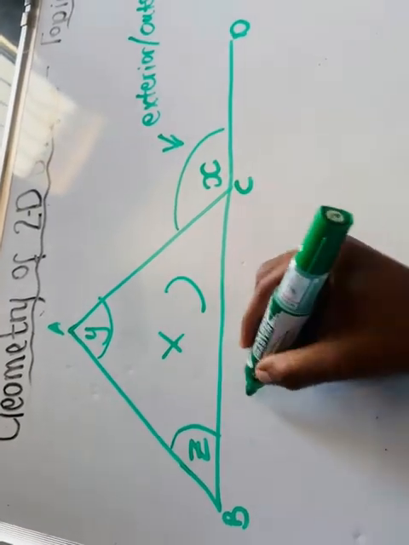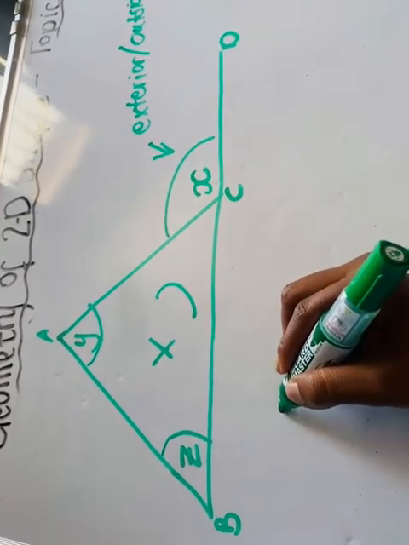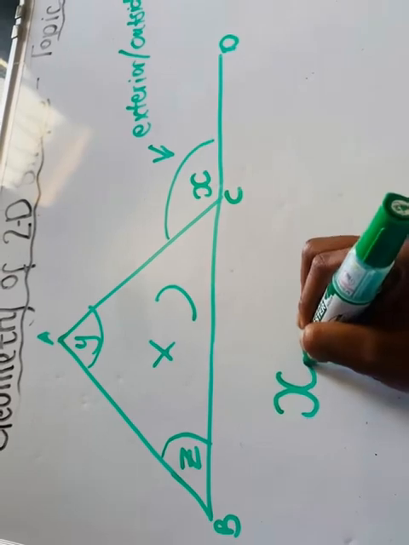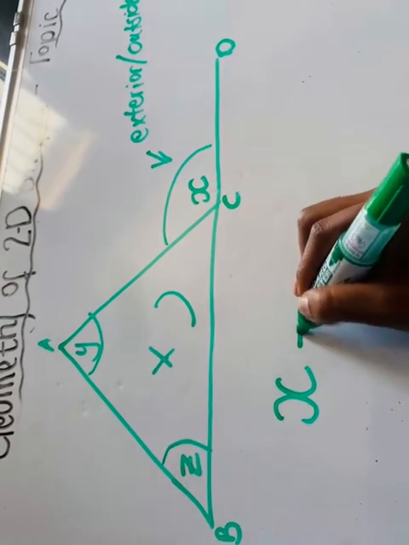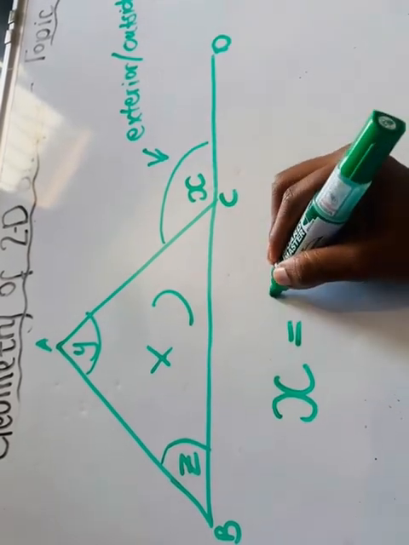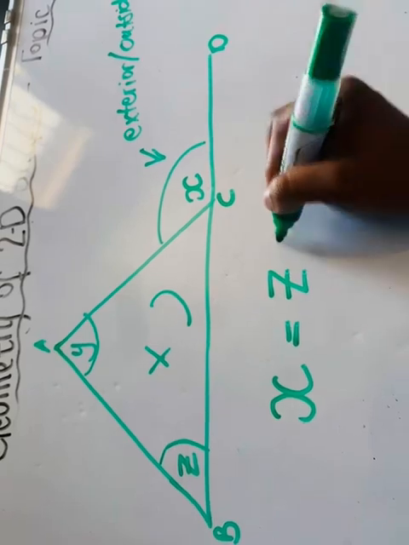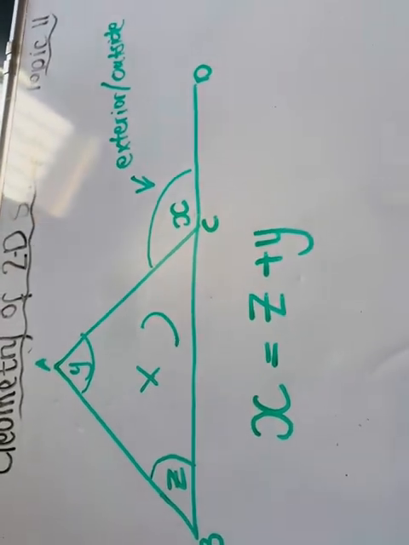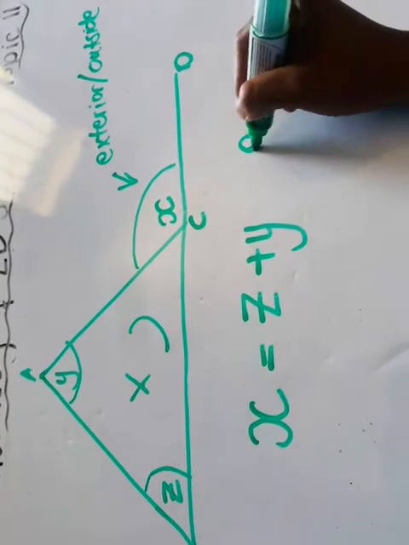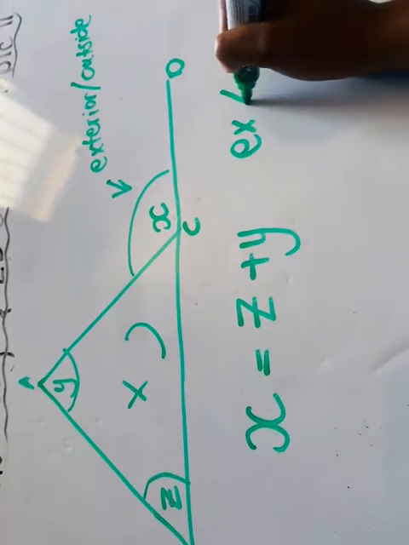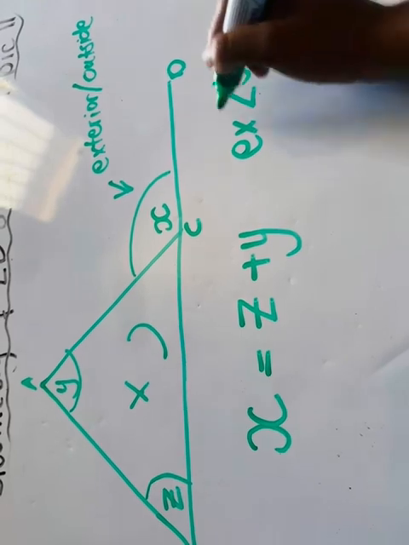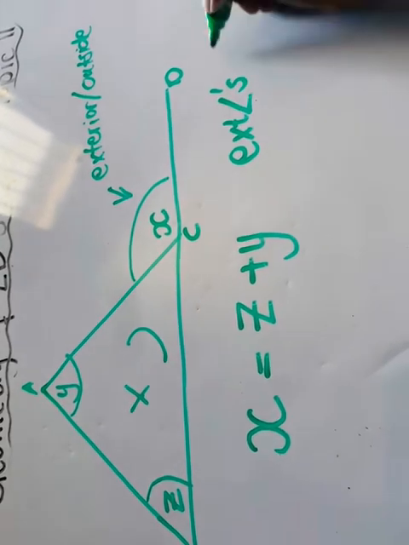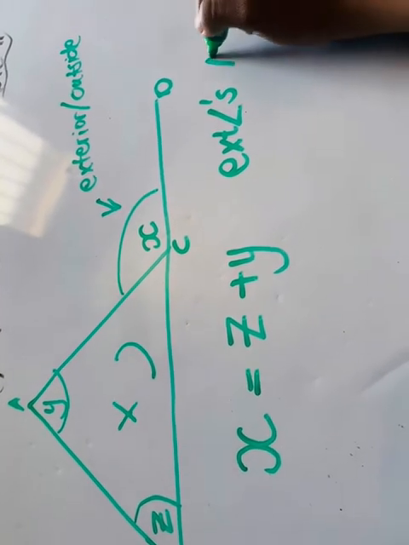So the theorem states that the exterior angle, which is x, is equal to the sum of the opposite interior angles of a triangle. And our reason is exterior angle of a triangle.